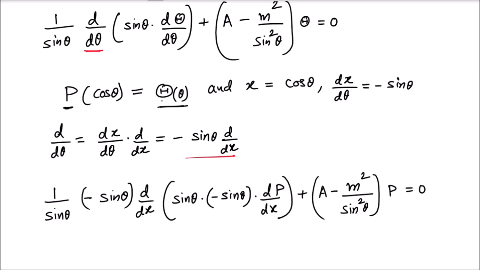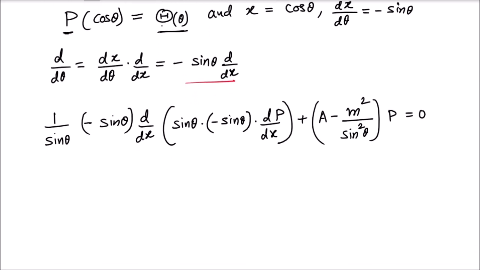Now, see, this equation we can take as, see, sin theta cancels, and minus into minus is plus, so it becomes d by dx of sin square theta into dp upon dx plus a minus m square upon sin square theta into P equal to 0.